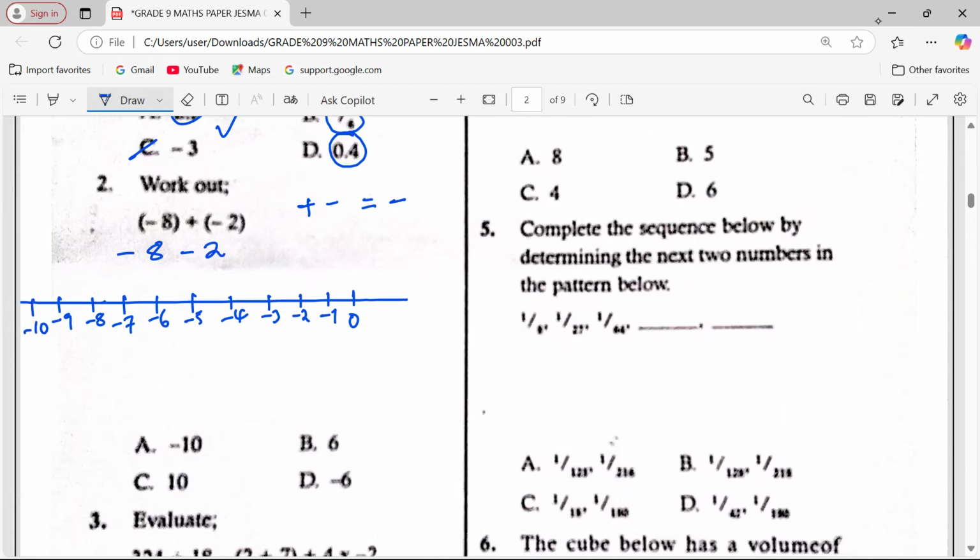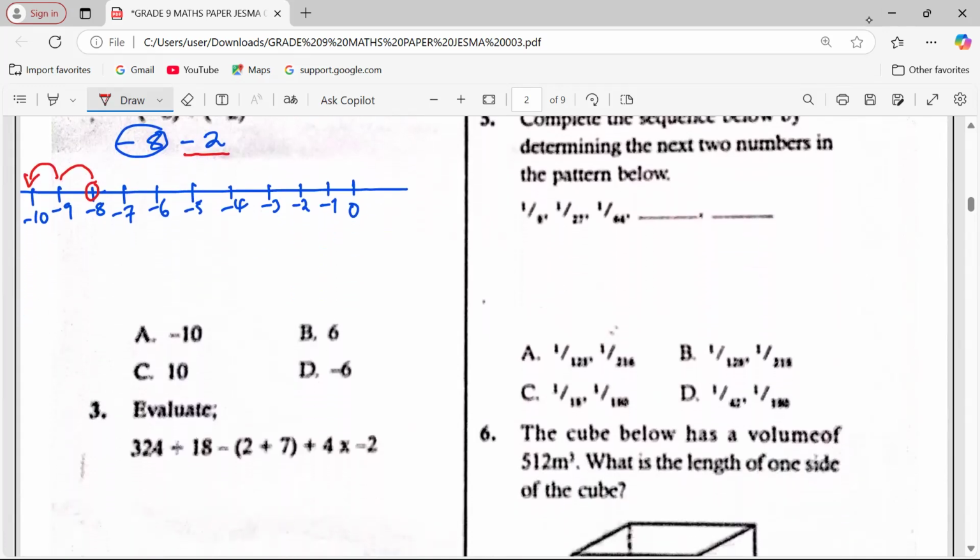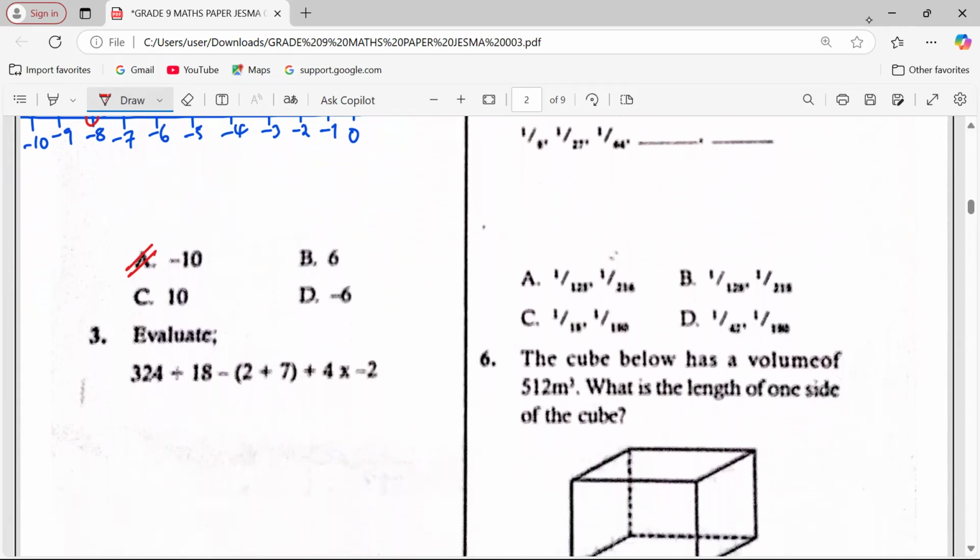So we are already at -8. So this is where -8 is. Then now we are moving 2 steps to the left because we have a -2. So 2 steps means 1, 2. So we find ourselves at -10. And you see, the answer is already at A, -10. So that is the value.